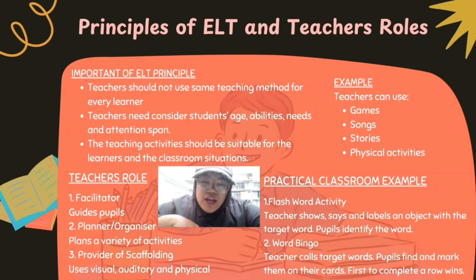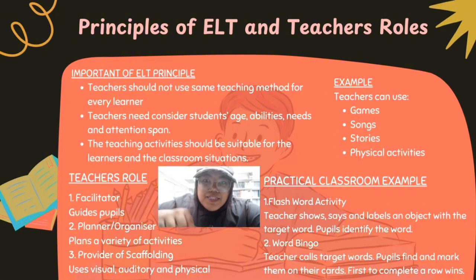Hi everyone, I'm going to talk about one important principle of ELT that I found in the book: teaching strategies should consider the learners and the learning situation. In my own words, I think this means that teachers should not use the same teaching method for every student. We need to look at who our learners are and what they need. For example, if we are teaching young children, we should not use the same method.